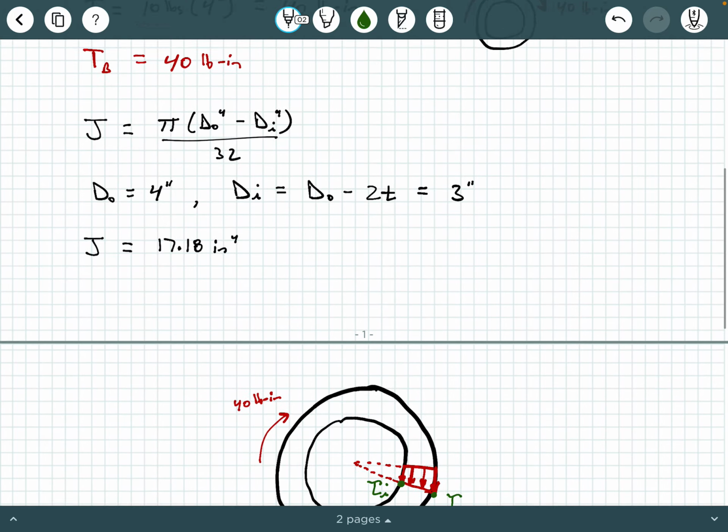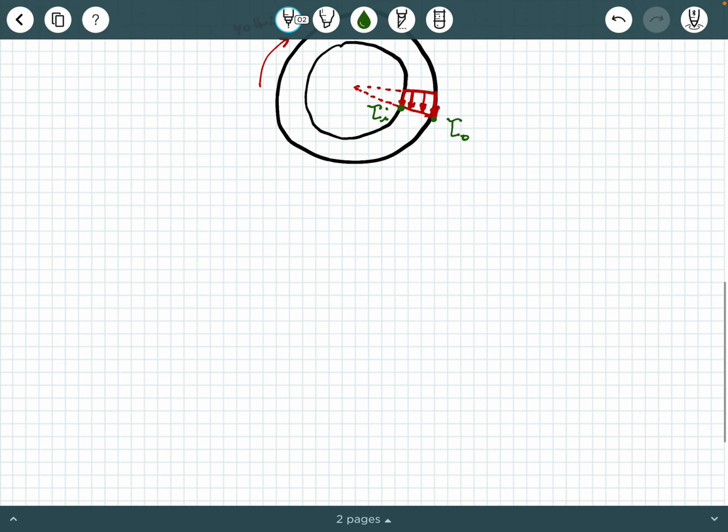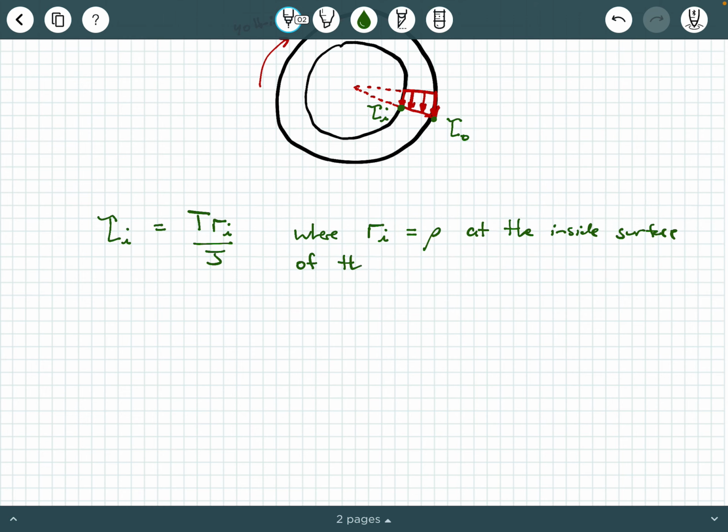And so how do we calculate these? Well, we're going to say tau inner is going to be equal to T times the inside radius over J, where the inside radius is equal to rho at the inside surface of the shaft, okay?